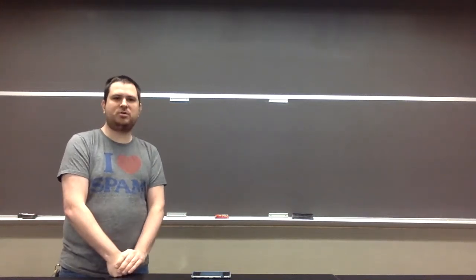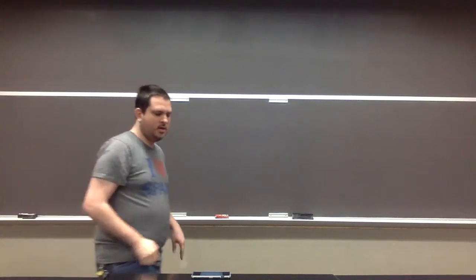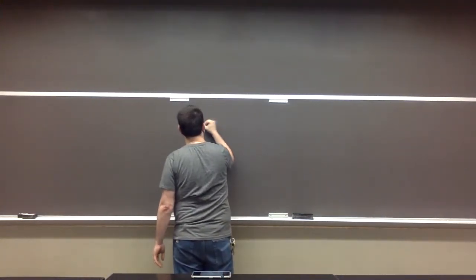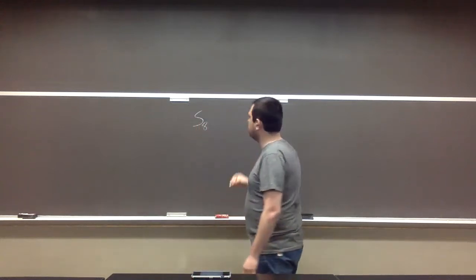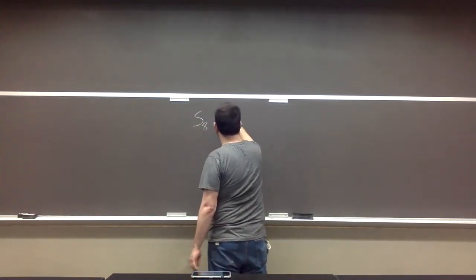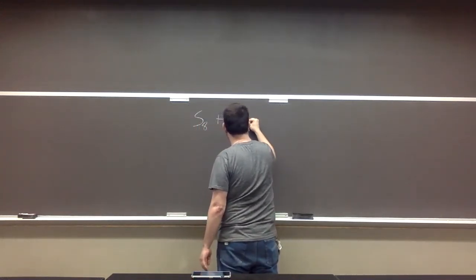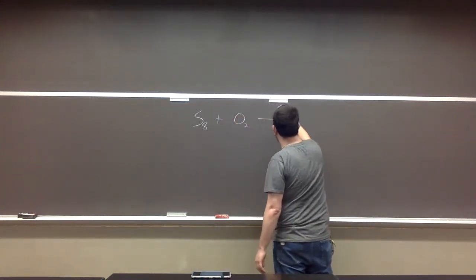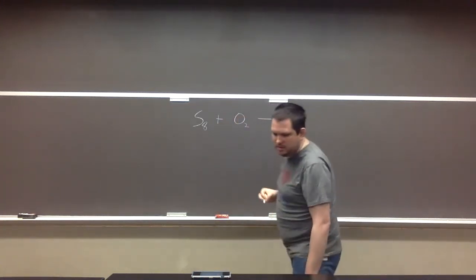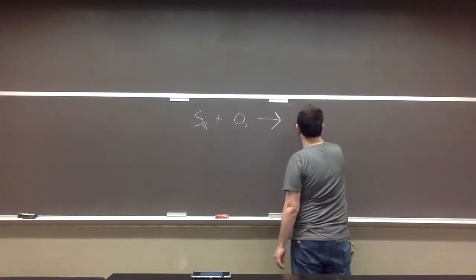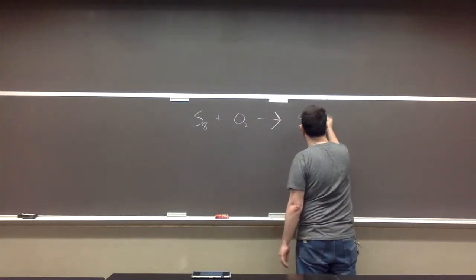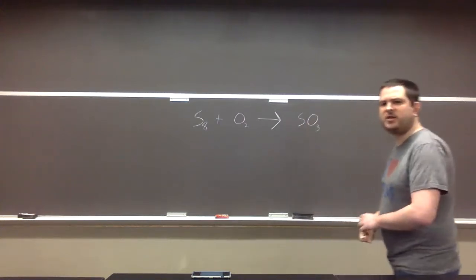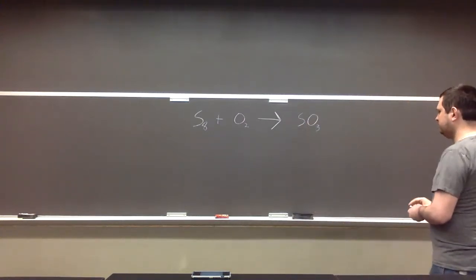The first one we will do is sulfur plus oxygen yields sulfur trioxide. Hopefully you can see the coefficients there.